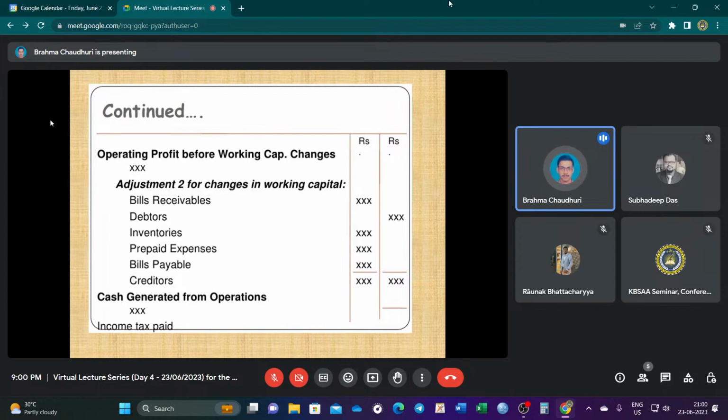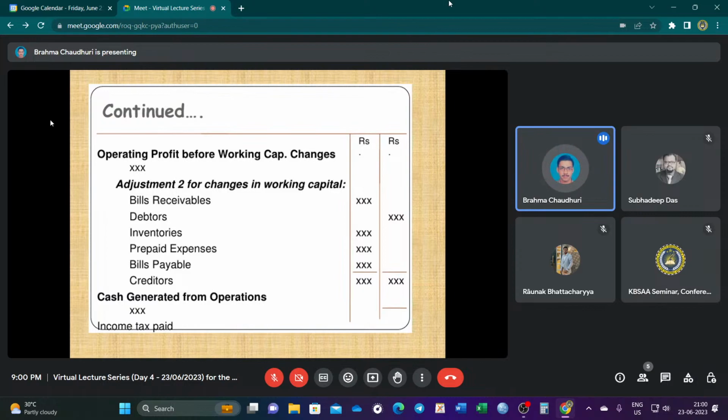That means cash account debit to sales account. Now, in place of cash, if we sell the goods on credit, then it will be debtors account debit to sales account. So instead of receiving cash, we are increasing the debtors. The debtors balance has increased, but the cash has not been received by the business enterprise. So an increase in current assets actually results in a decrease in cash flow, because the cash has not been received.